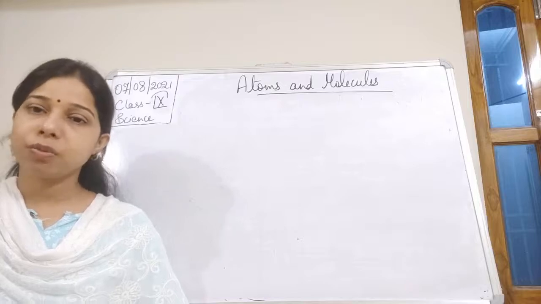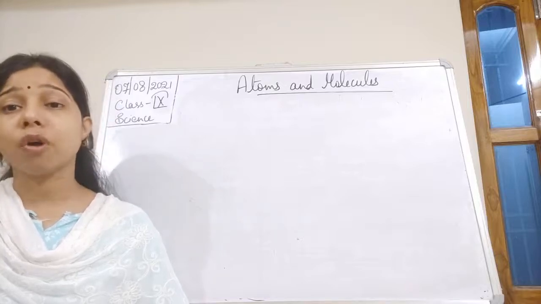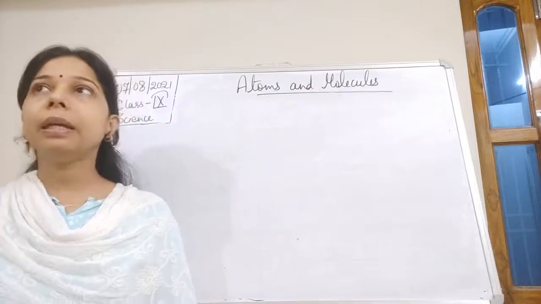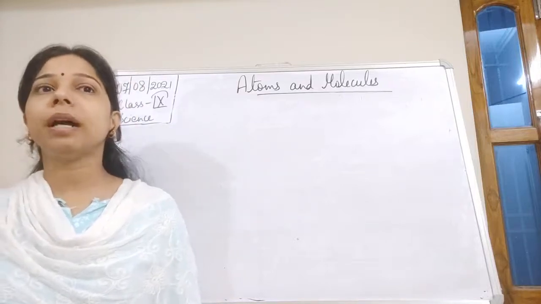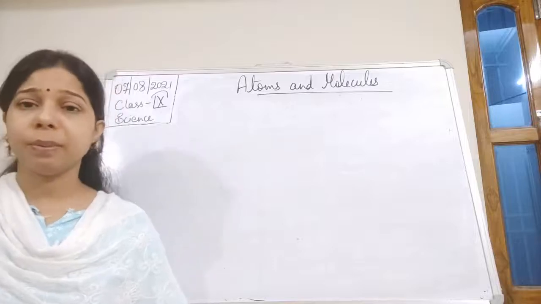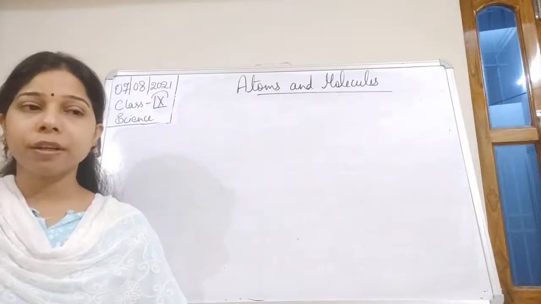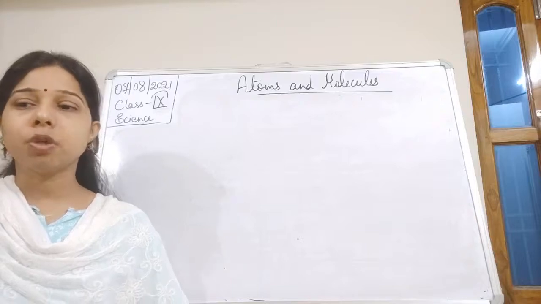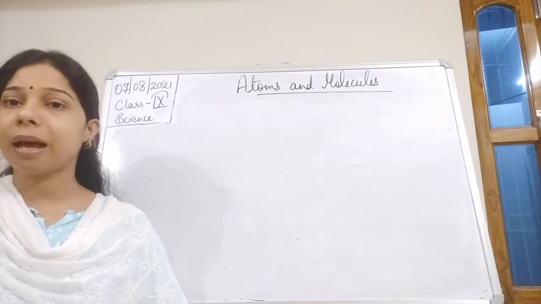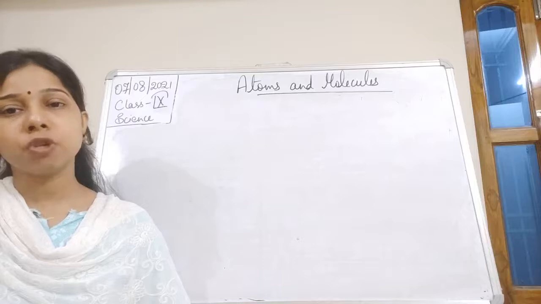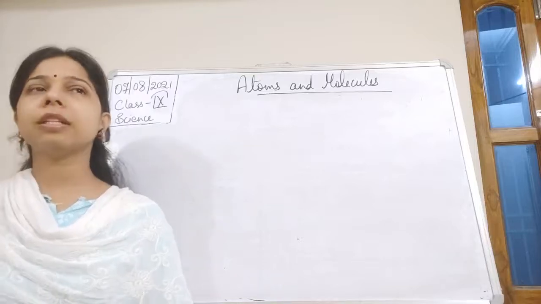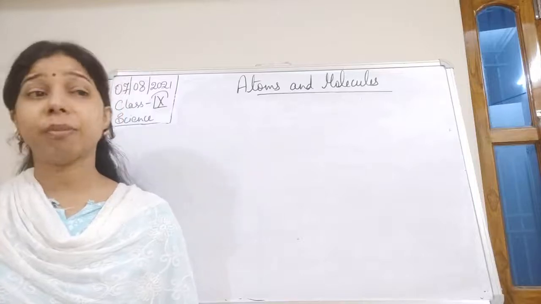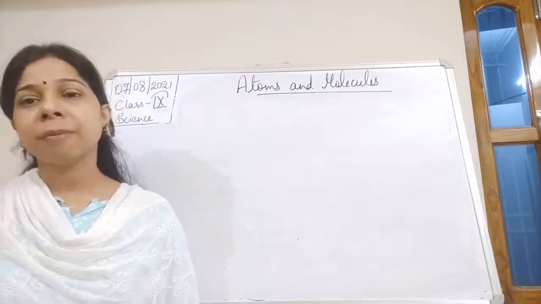The second law which we had seen, student, is the law of constant proportion. Here we have understood that wherever a compound is obtained from, it always combines the same elements in a fixed ratio by proportion. Suppose carbon dioxide is obtained from any method, from decomposition or combination, it doesn't matter.